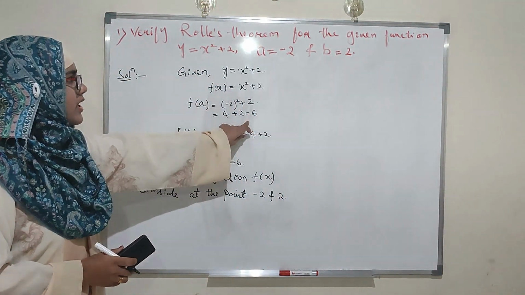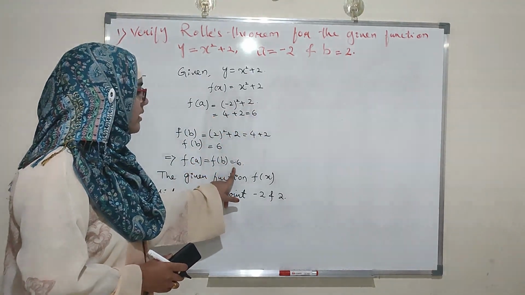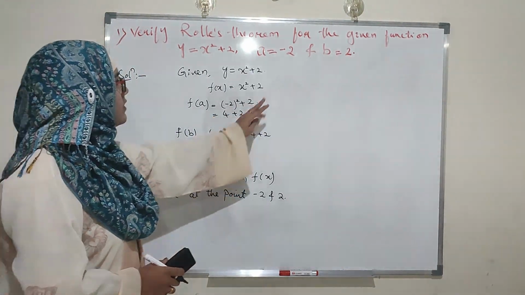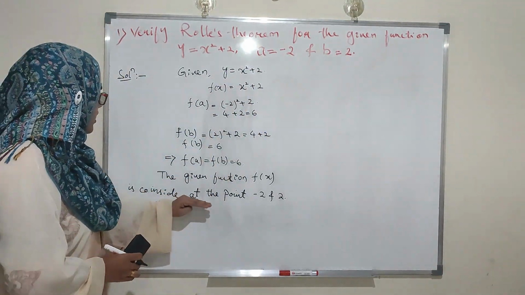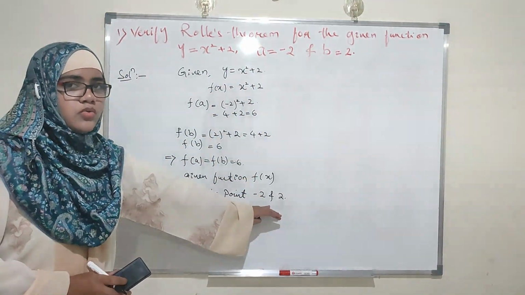So we got the same value for f of a and f of b, both are 6. So we can say that the given function f of x coincides at the points minus 2 and 2.